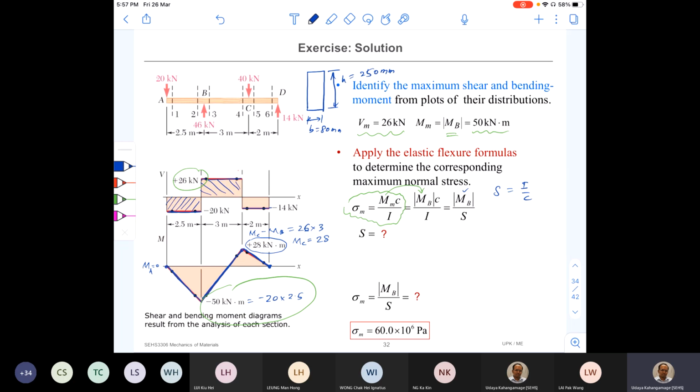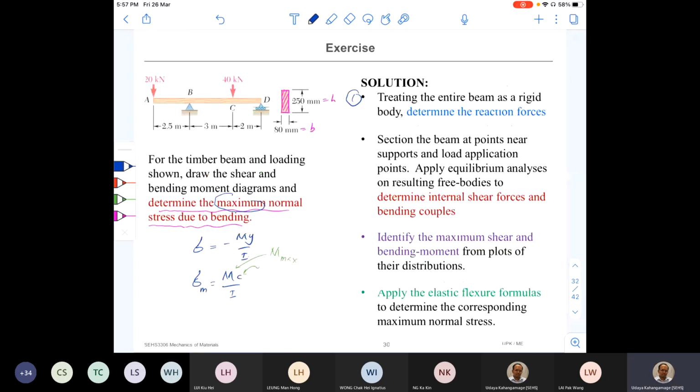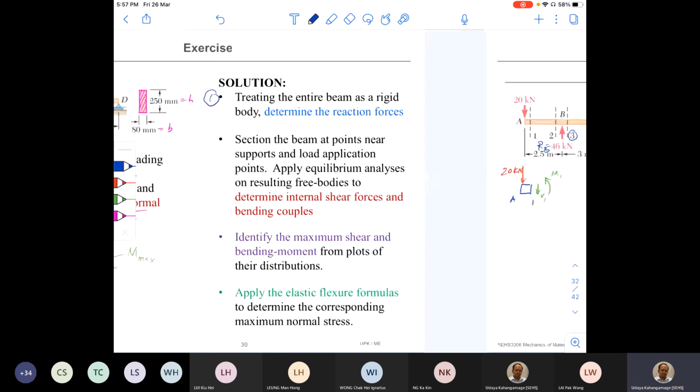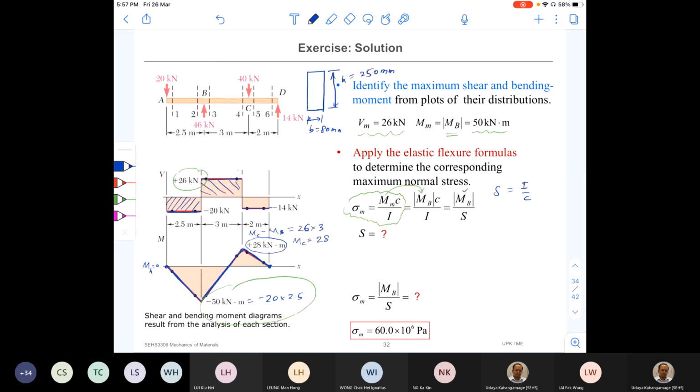This member cross section is going to bend about the neutral axis. So this is the neutral axis. The neutral axis is going to pass through the centroid here. And therefore the distance to the outer fibers from the neutral axis is given here, C.